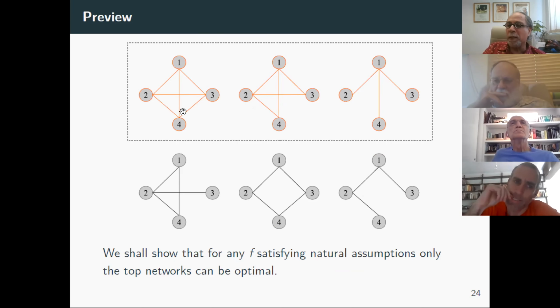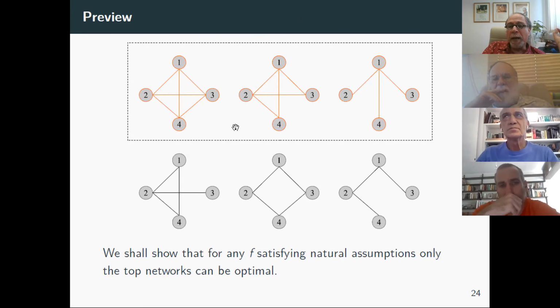If you can already see why, that would be impressive. Why none of these could be optimal, and all of these could be optimal. Not all of them are optimal for the same function, but at least one of them will arise as optimal for some social utility function. I'll let you look at it.